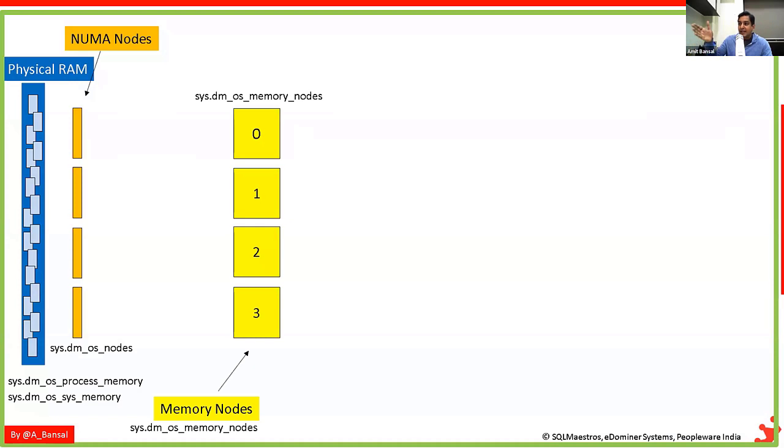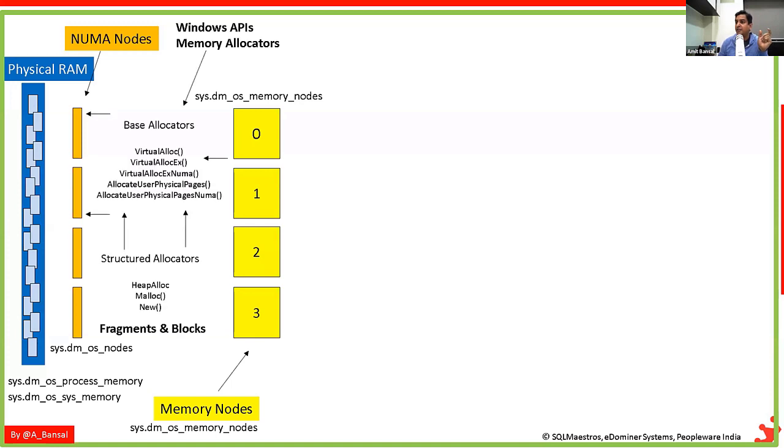So as I said, when SQL Server boots up, it reads the NUMA information and it creates the memory node. So if you can see in the illustration, we have 4 memory nodes, 0, 1, 2, and 3. And you can track all the memory nodes using sys.dm_os_memory_nodes. Remember, there's a difference between sys.dm_os_nodes and sys.dm_os_memory_nodes, because OS nodes will give you OS level information and OS memory nodes will give you memory related information from SQL Server's perspective.